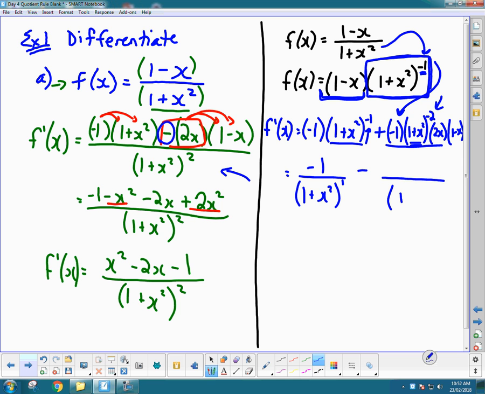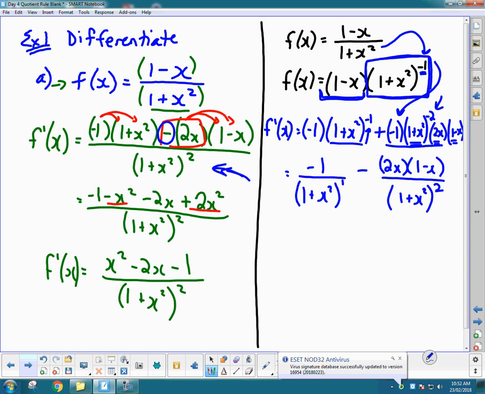So I'm going to put that part on the bottom. And I'm left with that minus, well that's up here, the 2x and the 1 minus x. So I'm just going to write it as 2x and the 1 minus x. So again, you're starting to see characteristics. The bottom is starting to look like the bottom of our quotient rule.